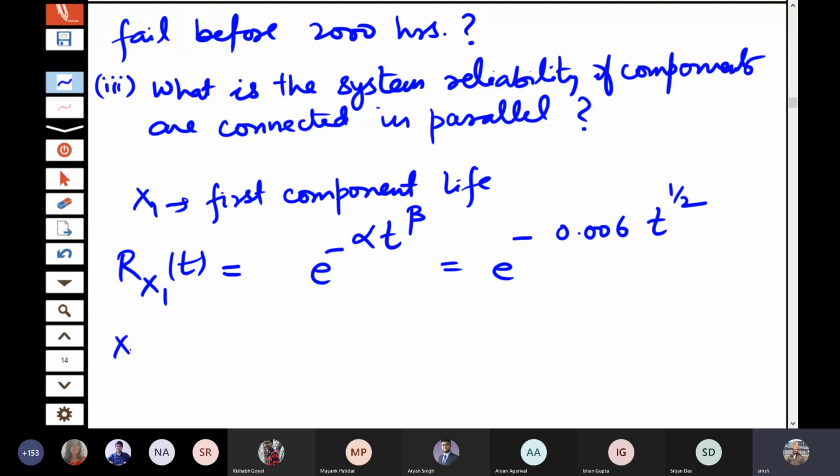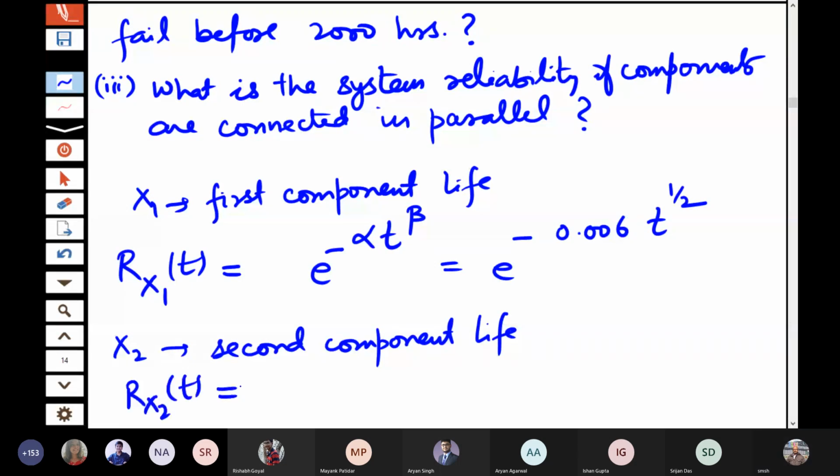So for x2, you will have R x2 equal to e to the power minus lambda t, that is t divided by 25,000. So individual component reliabilities we are able to find.